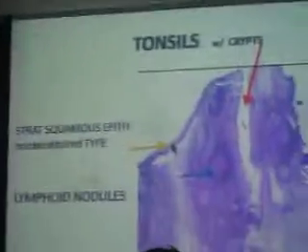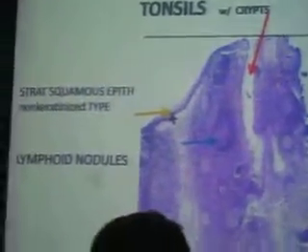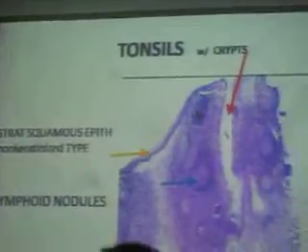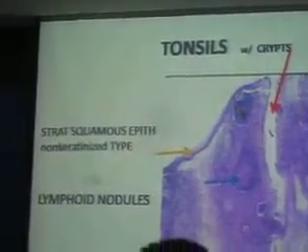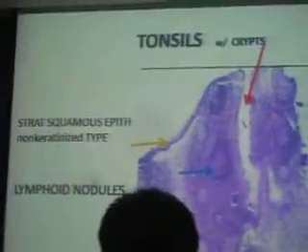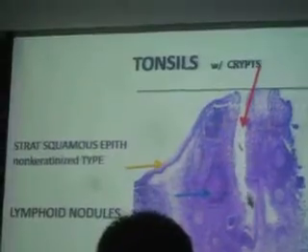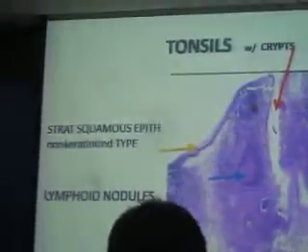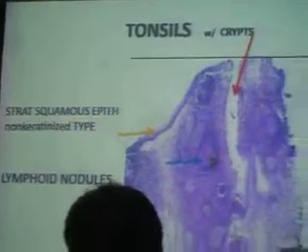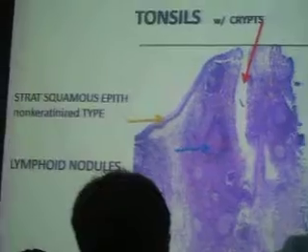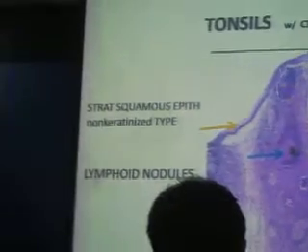If it is your palatine tonsil, it is lined by stratified squamous epithelium, non-keratinized, like the mucosa of the oral cavity. And then it will have several crypts. On this part, you'll have several lymphoid nodules, and for each lymphoid nodule, you have your germinative center.